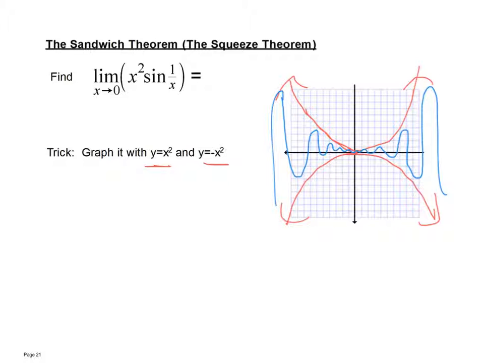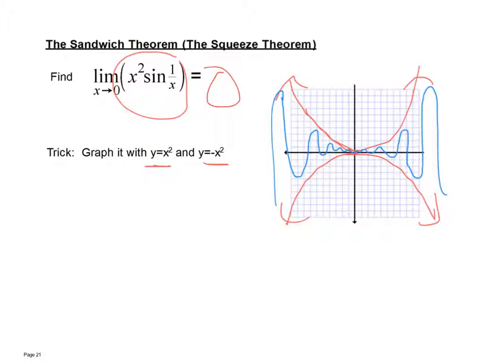But I know that this is always between them. Just looking at my graph for right now, that's good enough. So the sandwich theorem, also known as the squeeze theorem, says that if this one is squeezing it in and this one is squeezing it in, and both are going to 0 at 0, then the function that's always in between them also has to go to 0.